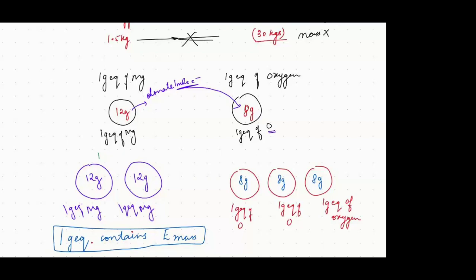Will this first packet give me 1 mole electrons out? The second packet shall also give me 1 mole of electrons. Because 12 grams of magnesium would just be half a mole of magnesium, and every mole would give you 2 moles of electrons. And these 8 grams of oxygen is capable of gaining 1 mole of electrons.